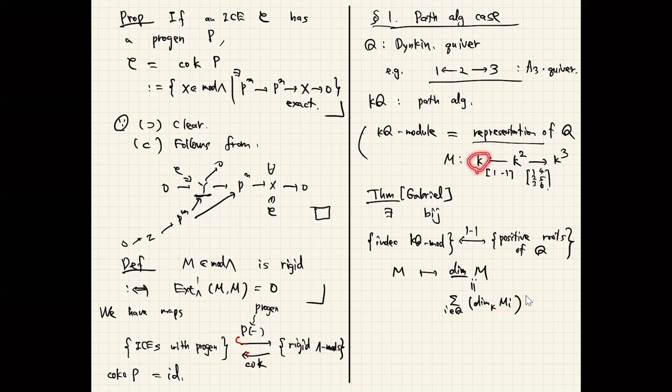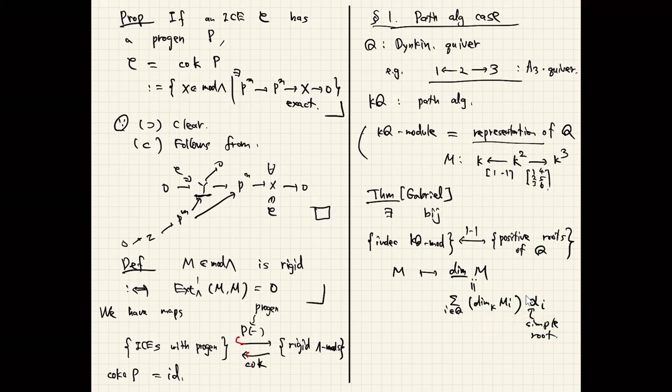So for example, this is M1, this is M2, this is M3, and this is the coefficient of the simple root. So by considering dimension vectors, we get a positive linear combination of simple roots, and Gabriel's theorem says that this map gives a bijection between indecomposable KQ-modules, or indecomposable representations, and all positive roots.